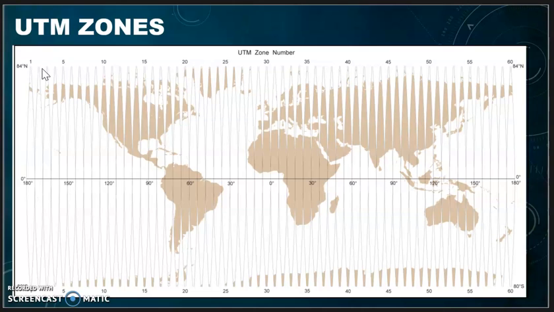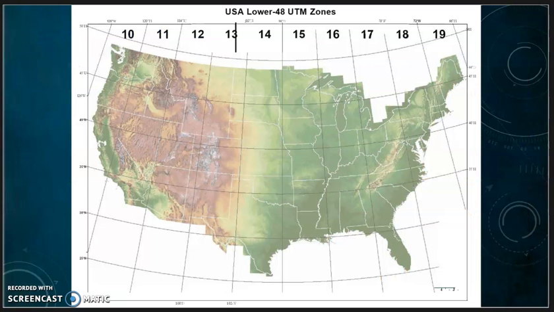So it goes 1, 2, 3, 4, 5. A lot of what we'll be working in is zone 10, because we can see here, this is where Humboldt County is. And so a lot of the work that we do for a UTM will be UTM zone 10.